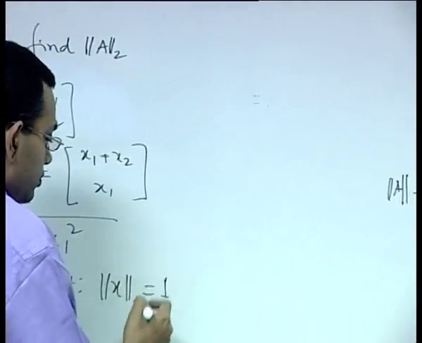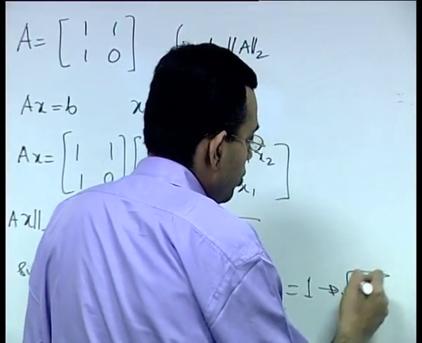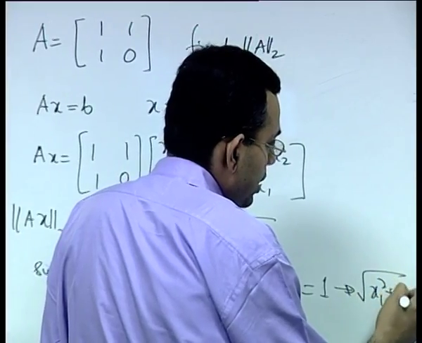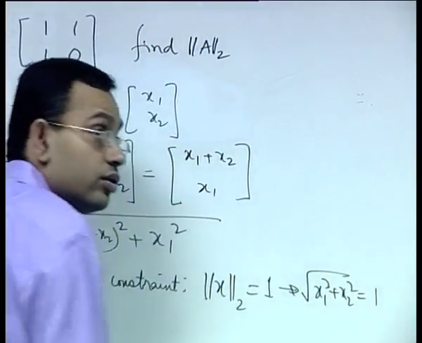So, square root of x1 square plus x2 square is equal to 1.